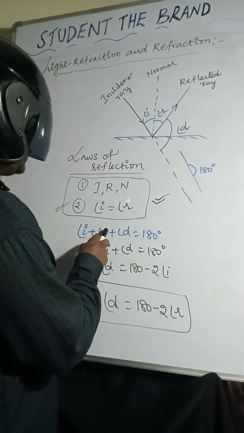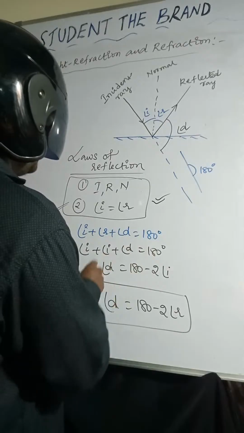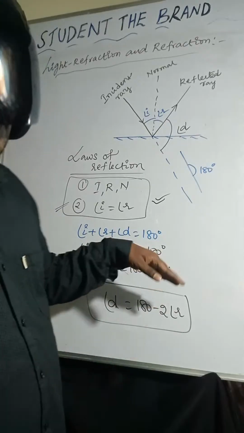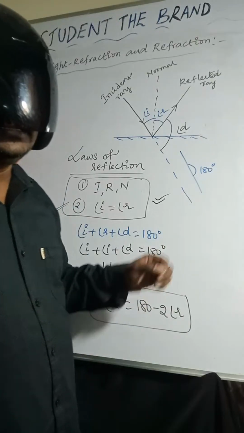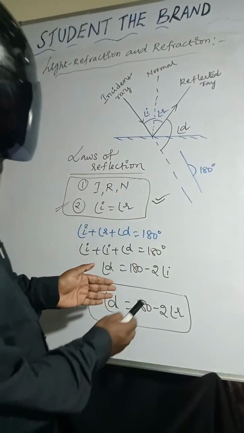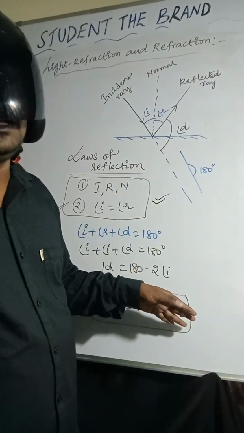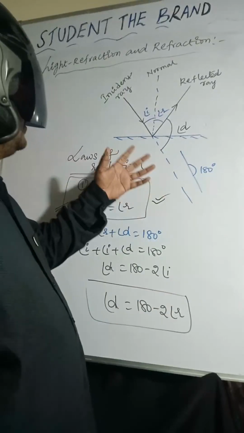The angle of deviation equals 180 minus 2 times the angle of incidence, and also 180 minus 2 times the angle of reflection. So we consider two formulas.